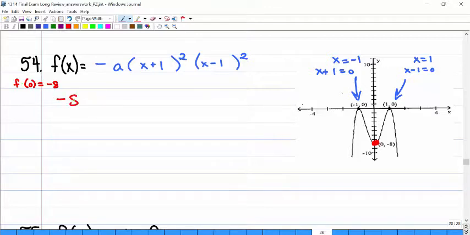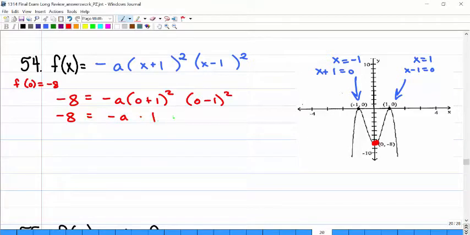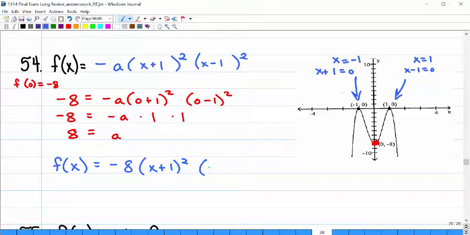So negative 8 has to equal negative a times 0 plus 1 squared times 0 minus 1 squared. Negative 8 equals negative a times 1 times 1. So a is equal to 8. My polynomial will be negative 8 times x plus 1 squared times x minus 1 squared.